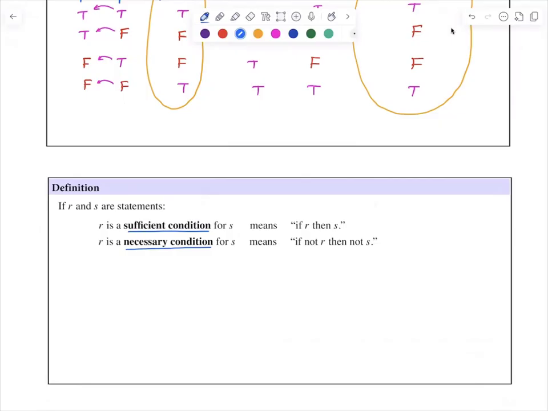So we define sufficient condition and necessary condition.